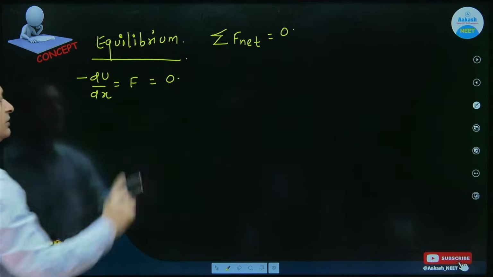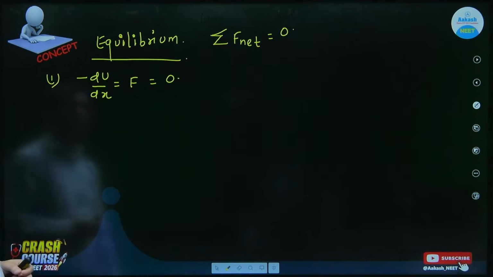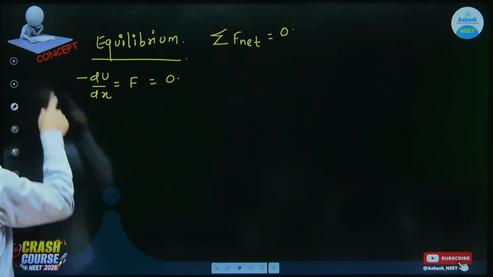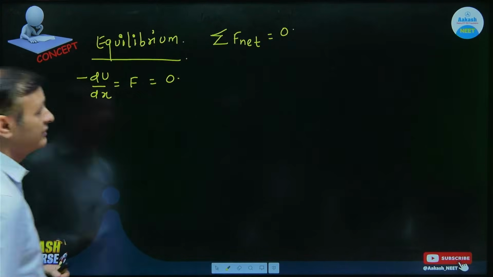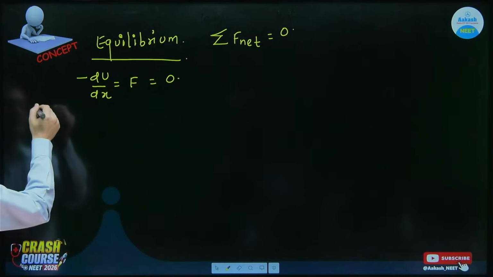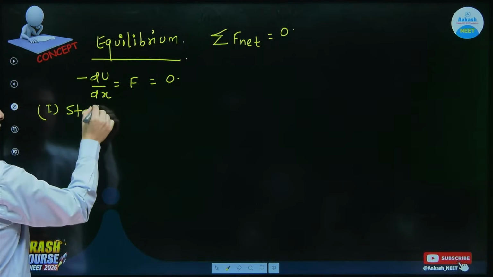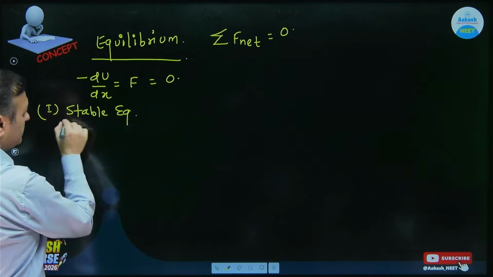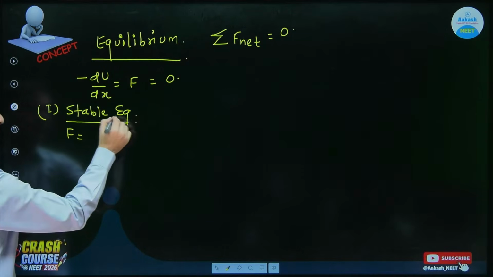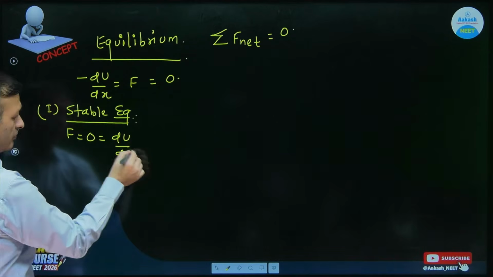So that means the very first condition we have is that du by dx is 0. And based on this, we define three types of equilibrium. One is stable equilibrium. As you have equilibrium, force is 0, it means du by dx is 0.